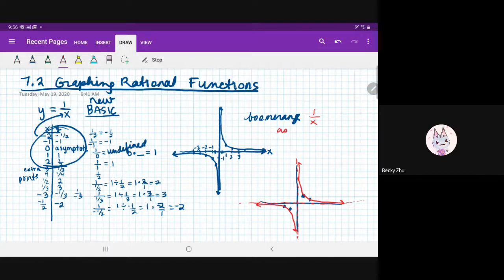It has asymptotes. We're going to move it and shift it and find out other asymptotes as well. This one has a lot of characteristics, but we're not going to do the characteristics today. We're just going to do the graphing.